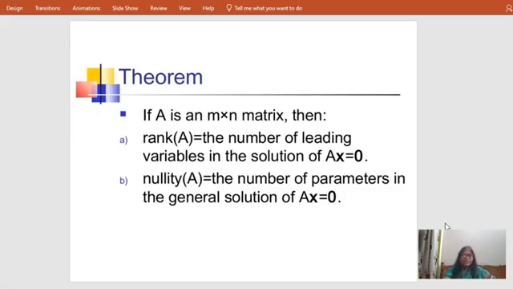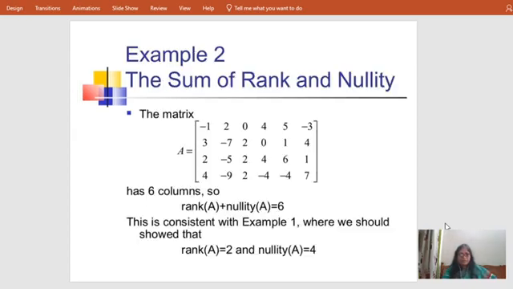So, whenever A is an m by n matrix, rank of A is the number of leading variables in the solution of Ax equals 0, and nullity of A is the number of parameters in the general solution of Ax equals 0. That number of parameters means the number of elements in the basis of the null space of Ax equals 0.